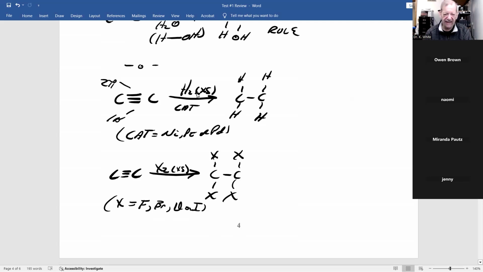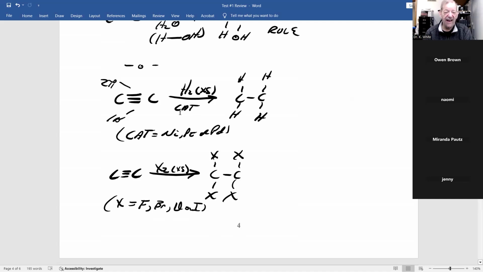We use bracket, the letters X S, close bracket, and that means excess. And what it really means is you've got all the hydrogen in the world, so anything that can react with hydrogen will be able to react with hydrogen. So you don't have to balance the equation.